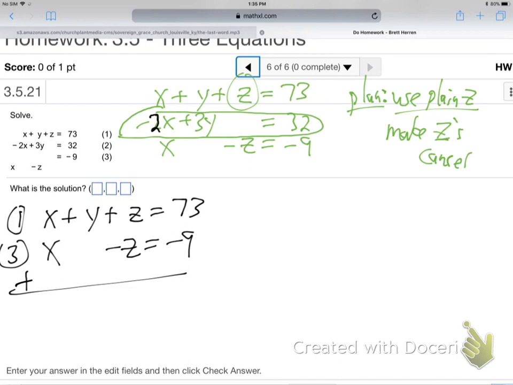It's all spaced out weird, but that is the third equation. So just add 1 and 3, z will drop out. Then you'll have an xy, and then use the middle one, which is an xy, and you know what to do from there.